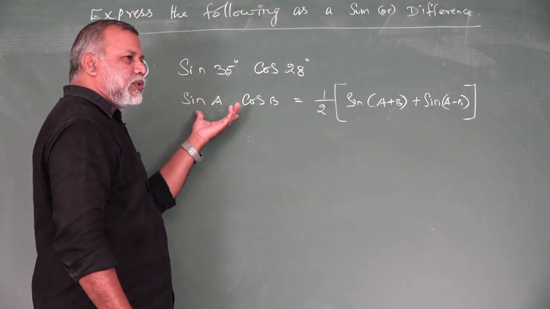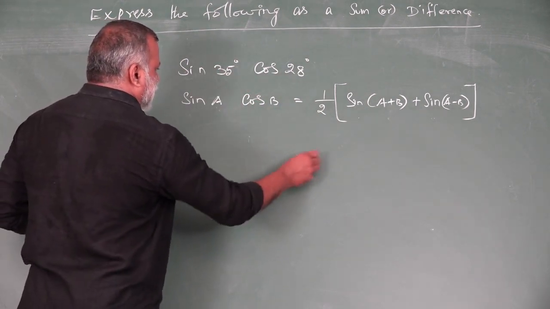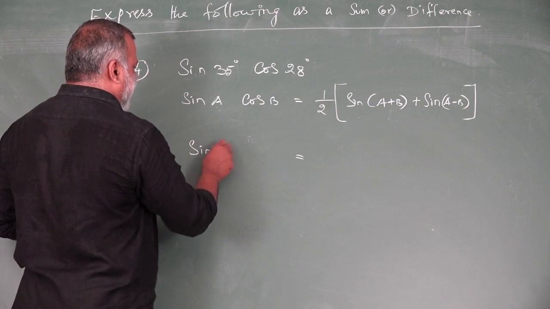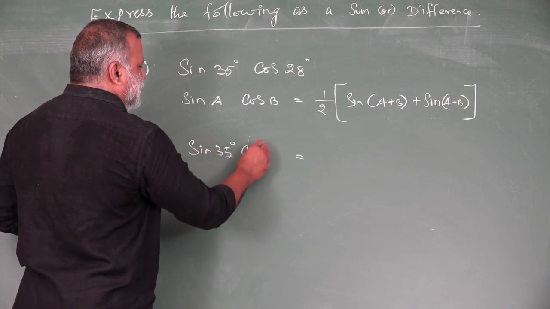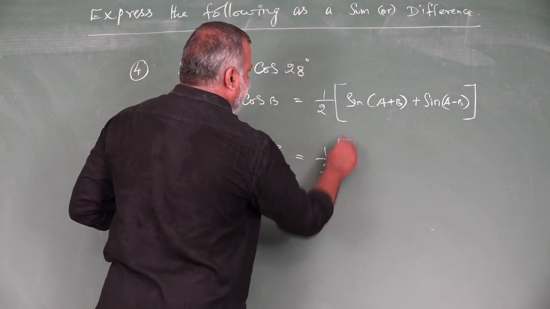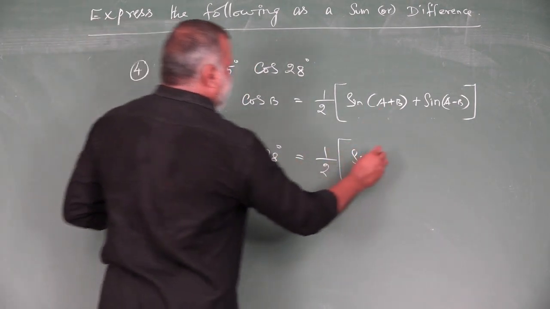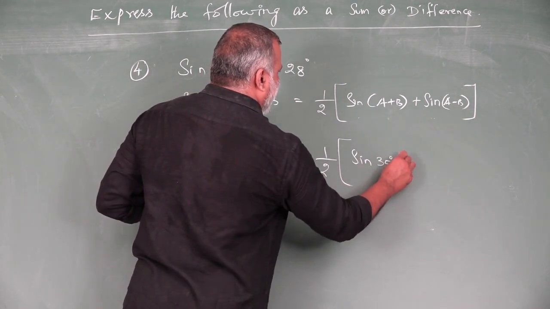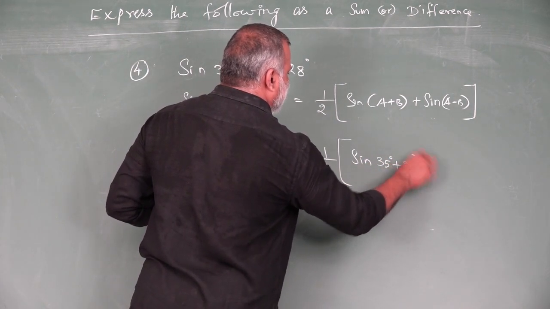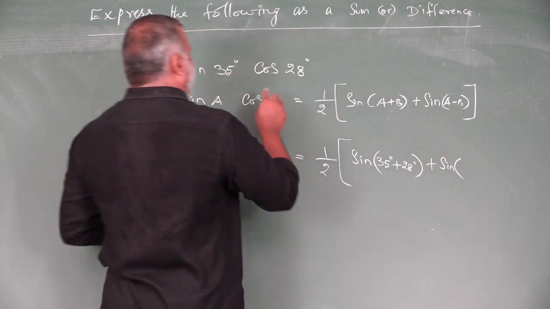Now we don't want the 2, so that we can get half. Now relate with this one. Sine 35 cos 28 is equal to half into sine of A plus B. A is 35, B is 28. Then plus sine of A minus B.